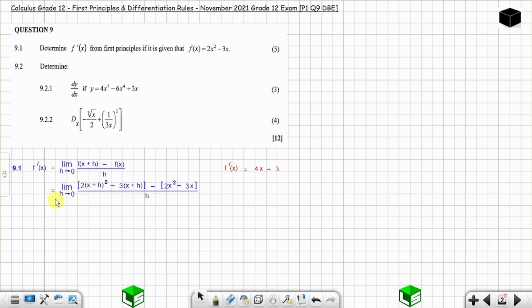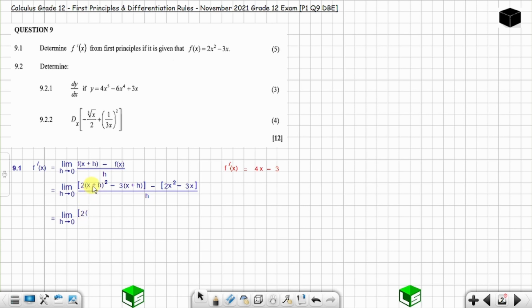You carry on. This is equal to the limit as h goes to 0. Okay, you have your square bracket. You have 2 times this bracket. Let's expand this bracket, x plus h squared.